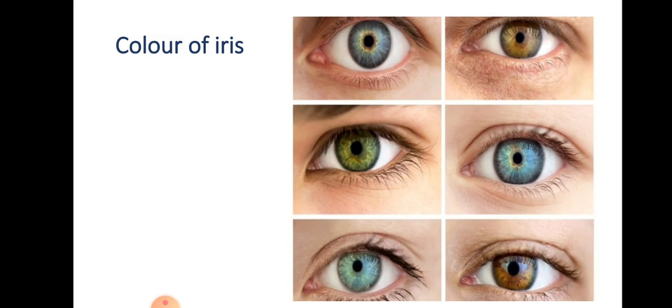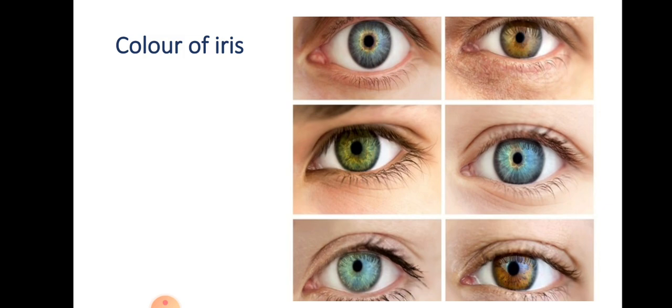If we are seeing a pen, the nerve cells observe the image of the pen and transmit it to the brain, and the brain identifies it as a pen. All the objects we see are identified by our brain through the eyes.